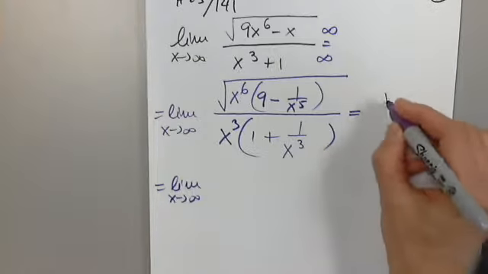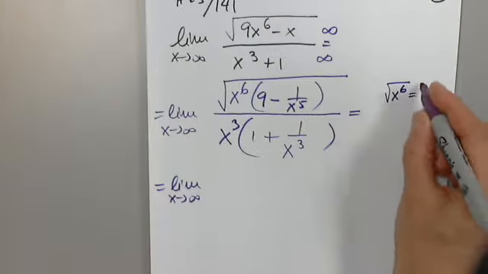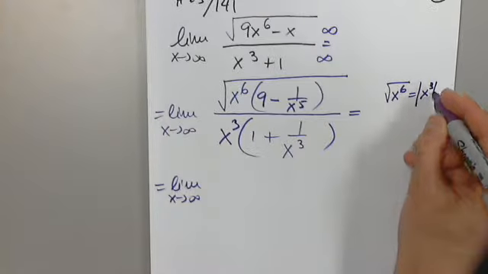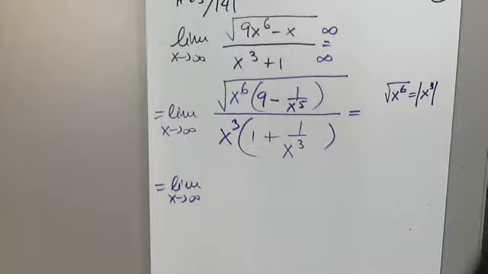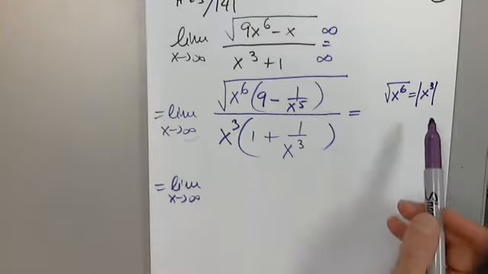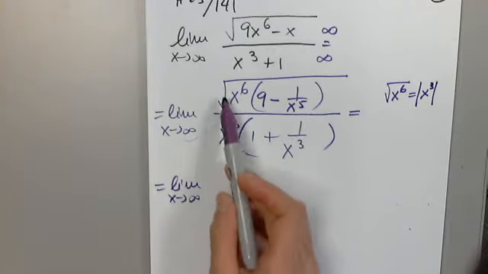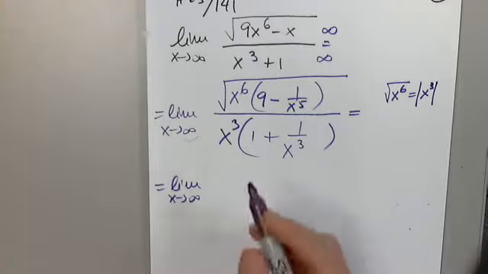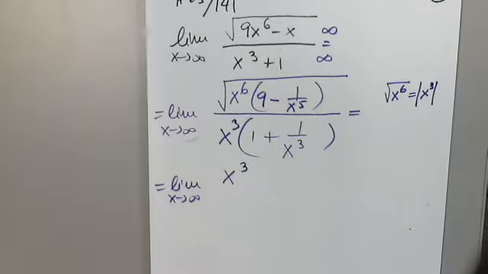So I'm going to write this on the side. The square root of x to the 6th is the absolute value of x to the 3rd, because x to the 3rd could be negative. But since x approaches infinity, what will I replace the square root of x to the 6th by? Do you all agree with x cubed?